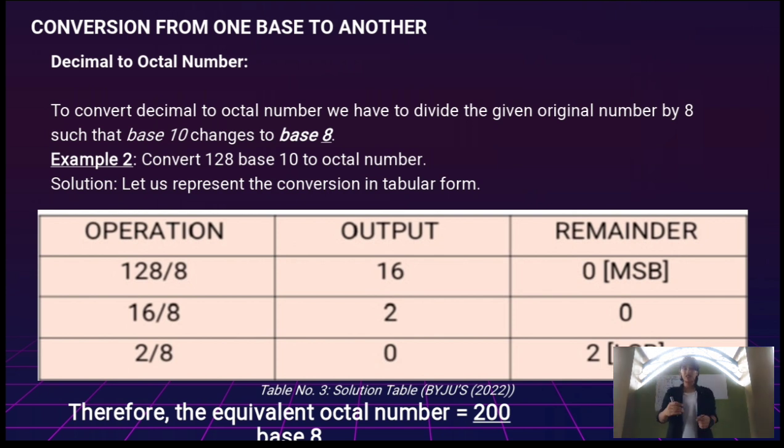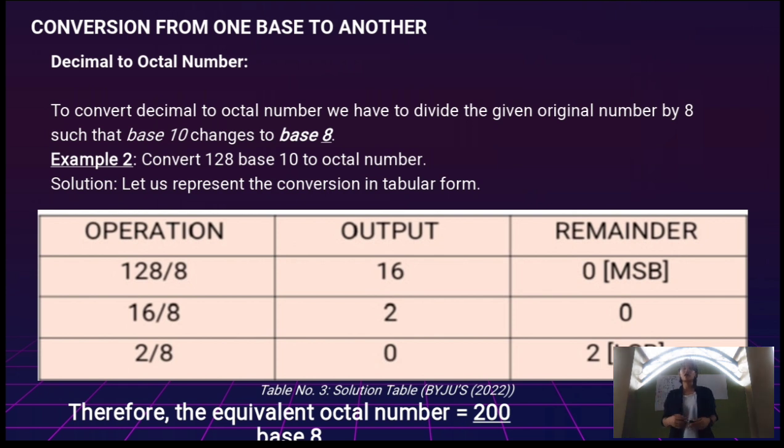Of course, you probably know how to solve the given problem. So 128 divided by 8 is equal to 16 with a remainder of 0. And we need to copy the 16 and divide it by 8. And 16 divided by 8 is equal to 2 with a remainder of 0.